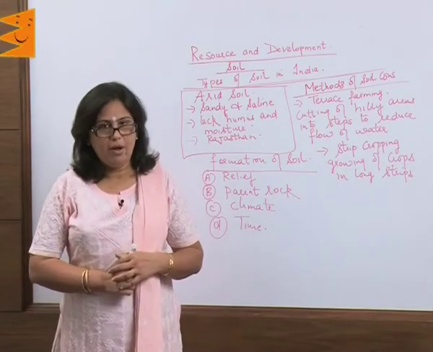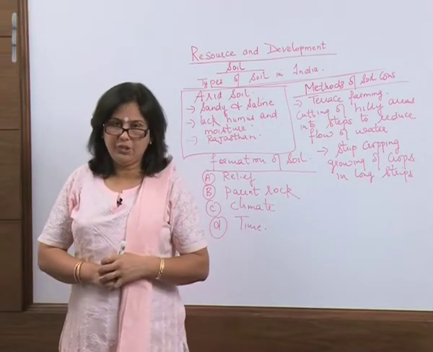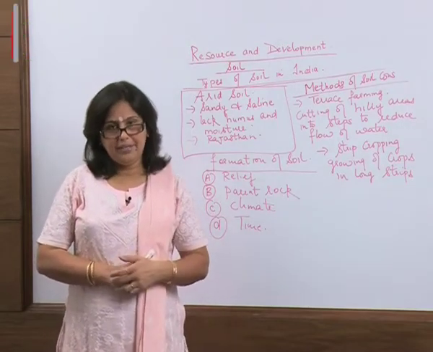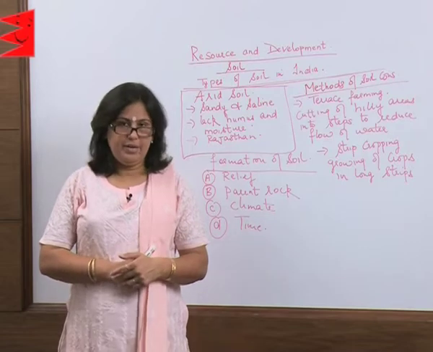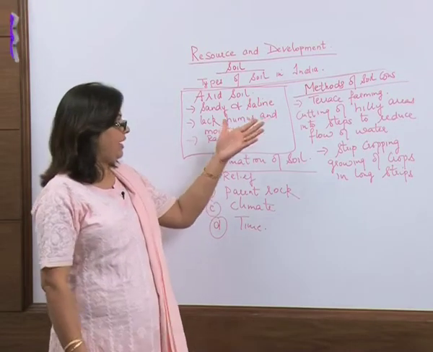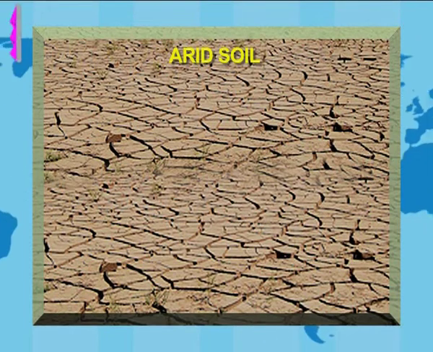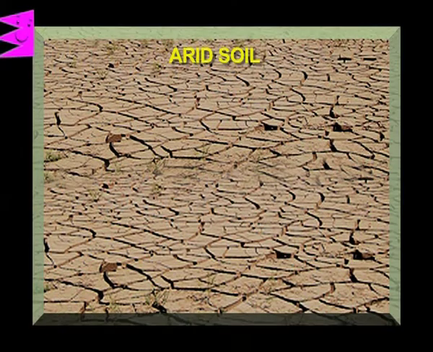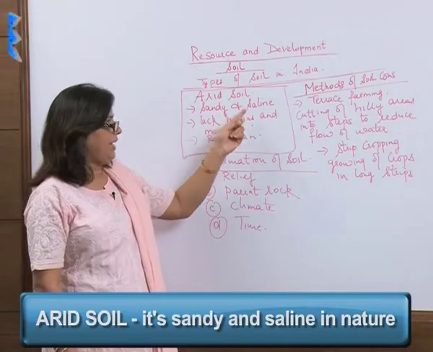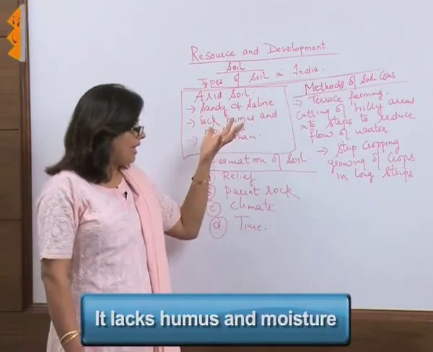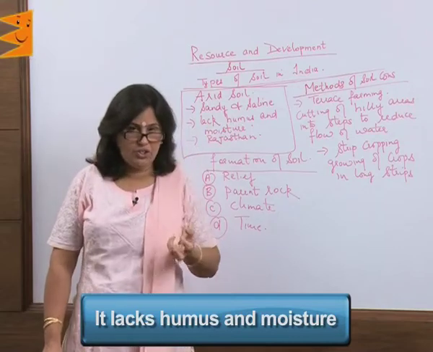While we are talking about the classification of soil, we have already seen the 4 categories of soil found in India. The 5th and the last category is the arid soil. The arid soil, as the name suggests, is sandy and saline in nature, and it also lacks humus and moisture.